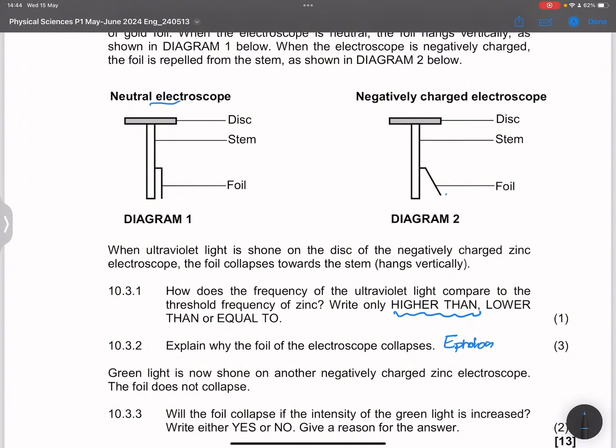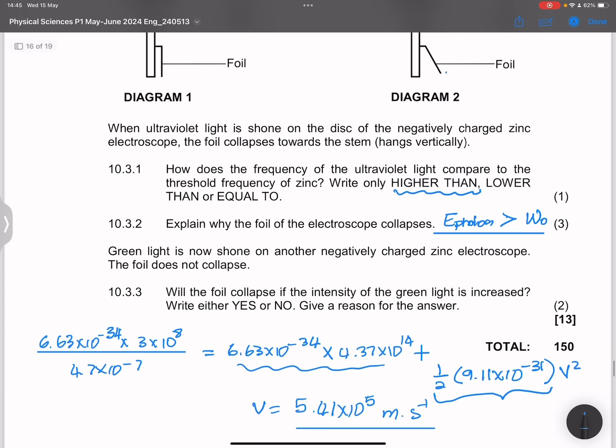So the energy of the photons of ultraviolet light is greater than the work function of the electroscope, and as a result, electrons are ejected, causing the electroscope to be neutral once again. And we know that when it is neutral, it will collapse. You can write all of that down, but it boils down to the photoelectric effect yet again, that electrons are ejected in this case.